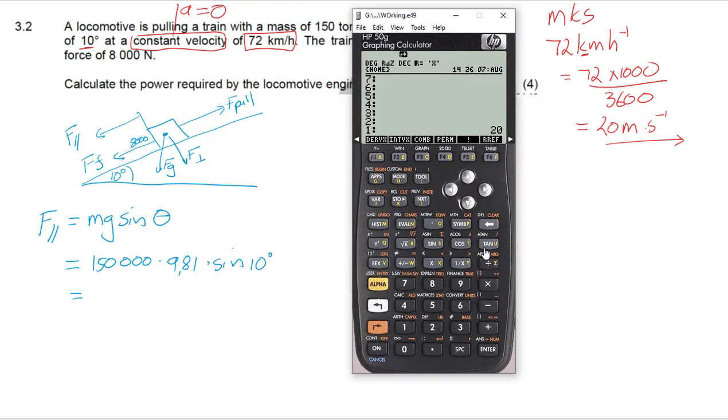So we have 150,000, 9.81 for gravity, multiply, and we have the sine of 10, multiplied. Let's get a number. That gives us, whoa, what a big number.